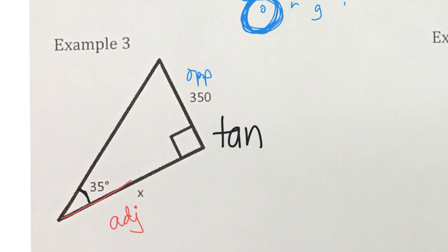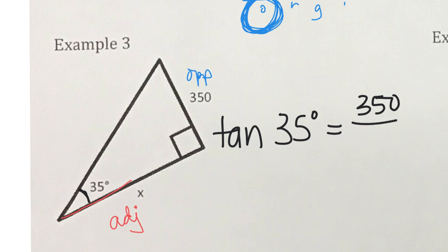So what's our angle? 35. So the tangent of 35 equals opposite side, which is 350, divided by adjacent side, which is x. Okay, so opposite over adjacent. Whatever side is opposite, that goes on top. Whatever side is adjacent, that goes on bottom.